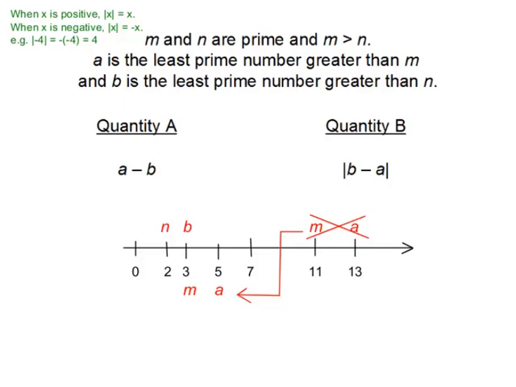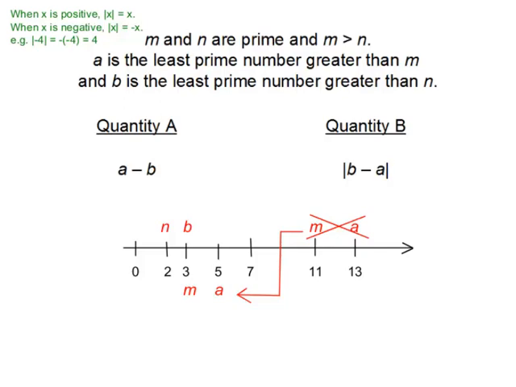M and A don't have to be there. They could even be closer to N and B. So notice that we move these, and M is still a prime number greater than N. B and A are still the least prime numbers greater, the next primes up from those numbers. And this is actually the minimum or the closest that M can be to N, because M and N can't be equal to each other.